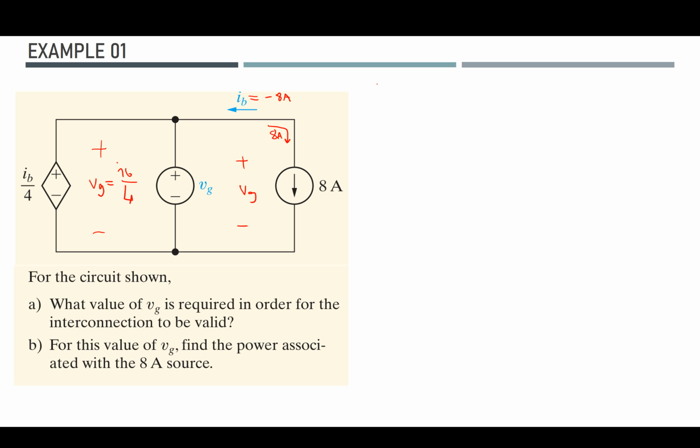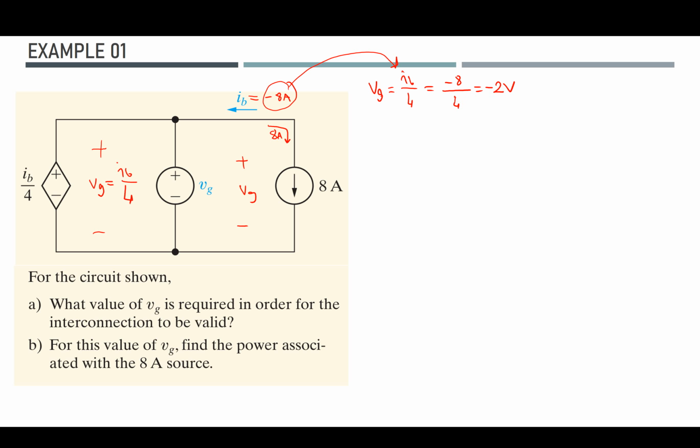Now in this case, since Vg equals IB over 4, and I know the IB value from here, I can simply plug in. It's going to be minus 8 over 4, which would give me minus 2 volts.